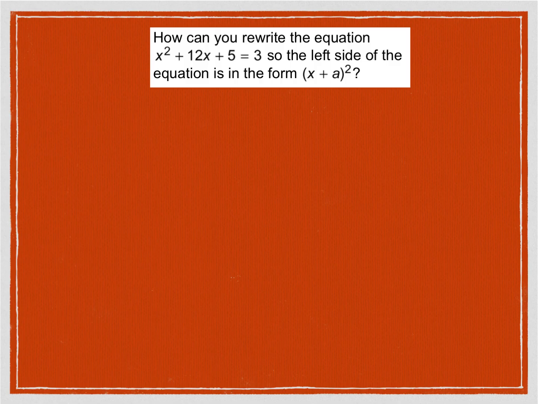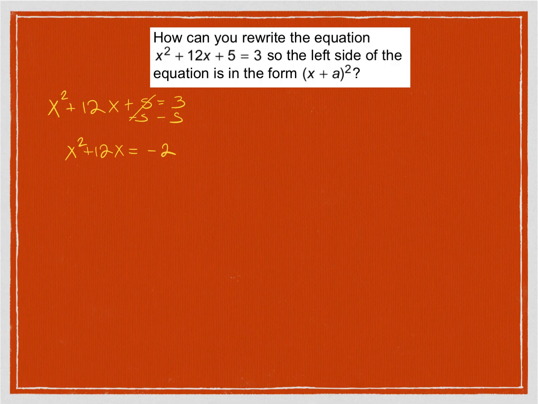So we're going to do x squared plus 12x plus 5 is equal to 3. I'll subtract the 5 on both sides, and we get x squared plus 12x is equal to negative 2.